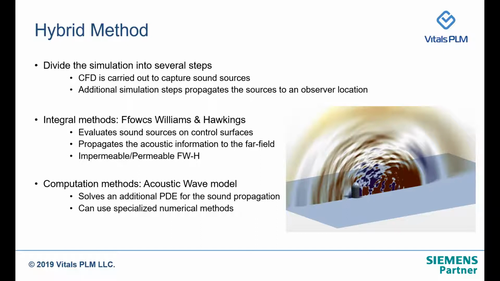And further, within the integral methods, there are two approaches based on the type of treatment required for the control surfaces, which are called impermeable FW-H and permeable FW-H. We will see in detail in the next slide.